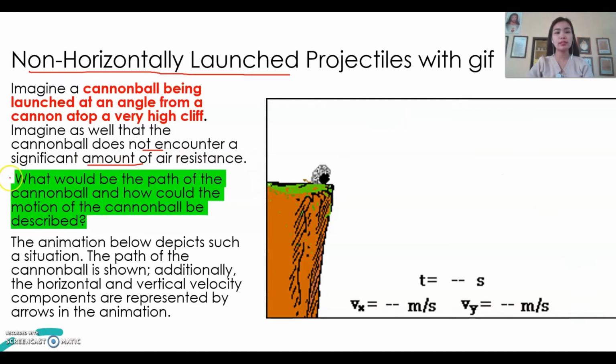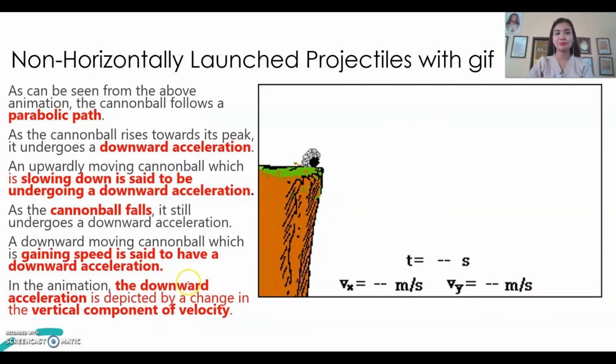Now the question is, what would be the path of the cannonball and how could the motion of the cannonball be described? In this animation, the path of the cannonball is shown. Additionally, the horizontal and vertical velocity components are represented by arrows in the animation.